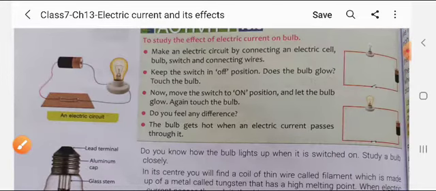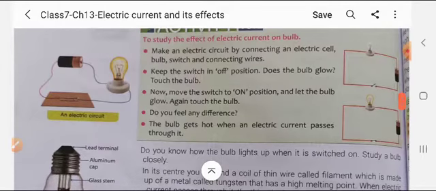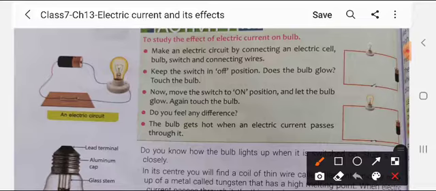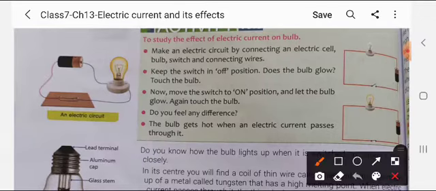When the switch was off, was the bulb glowing? No, the bulb was not glowing. But in this case, the switch was on and the bulb was glowing.